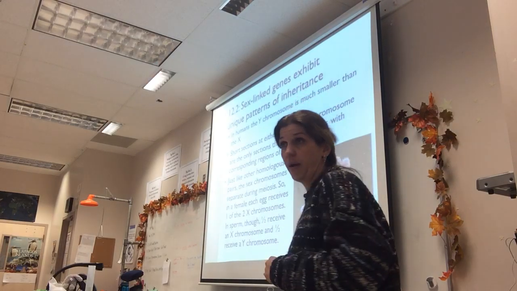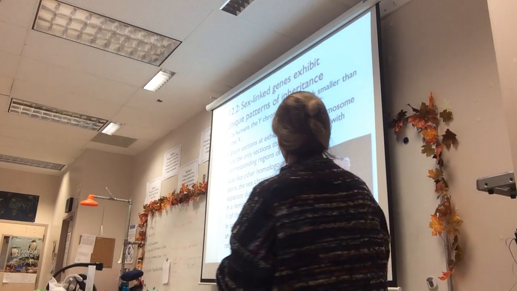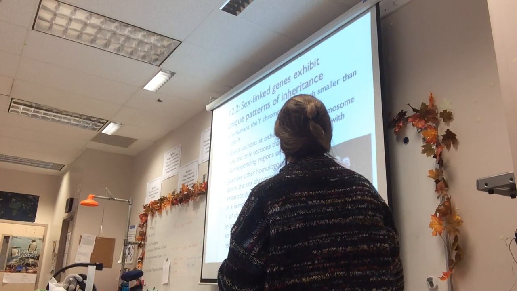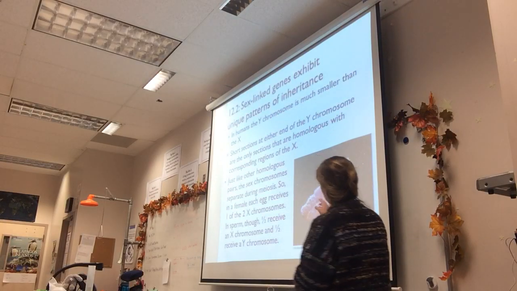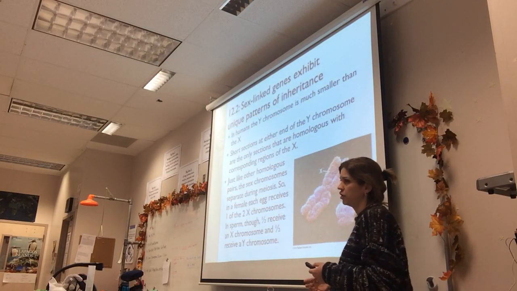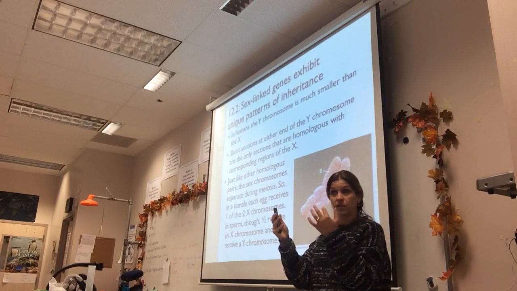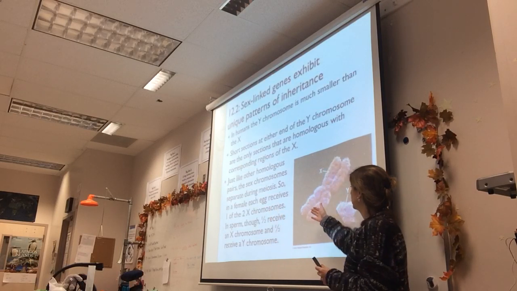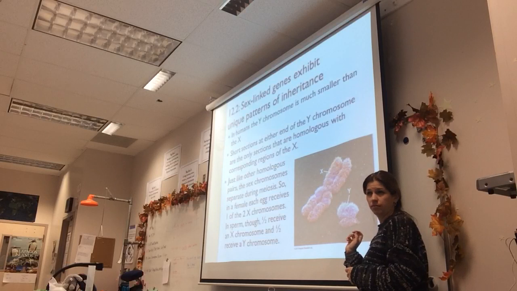So we're going to talk a little bit about humans now that we've learned about flies. In humans, this is an X and this is a Y. We call them a homologous pair, even though a homologous pair by definition codes for the same genes in the same place. Obviously, if we have a big one and a little one, that's not really true.